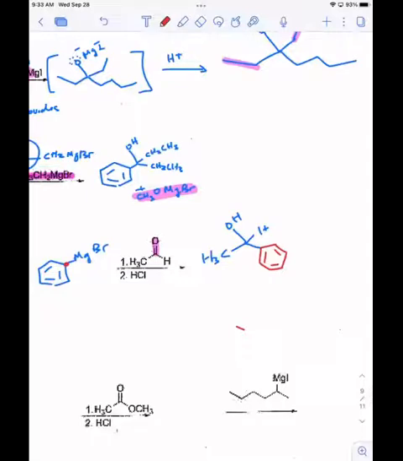What type of alcohol is that? Is it primary? Is it secondary? Is it tertiary? Okay, let's back up. How can I predict if I'm going to get a secondary or tertiary?